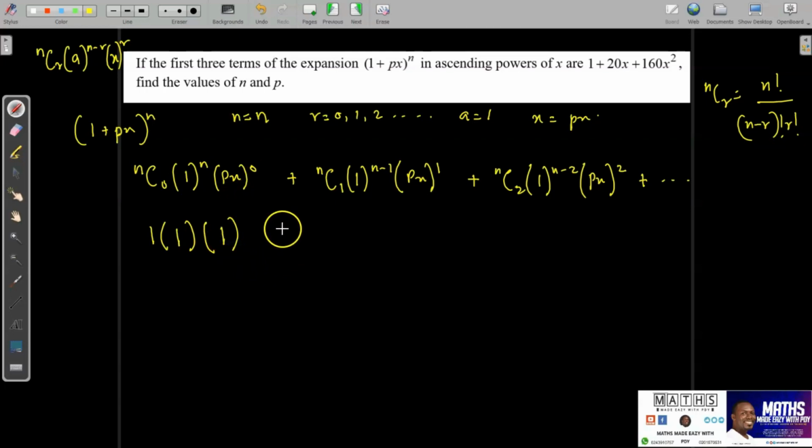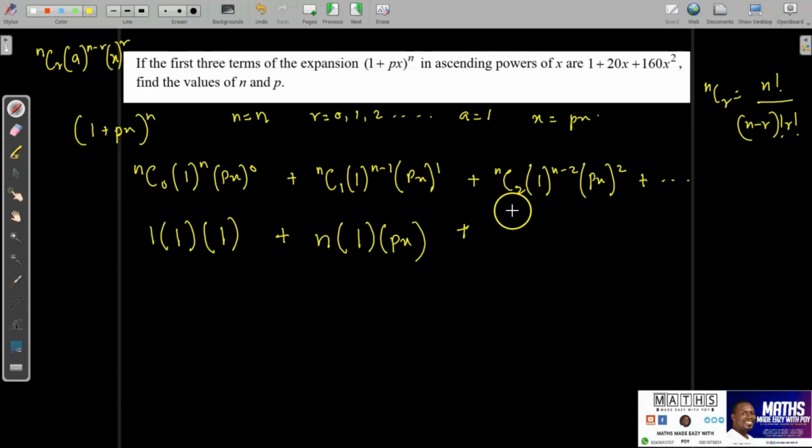Yes, sir. Beautiful. Now, we've seen that n combination 1 is what? What's the answer for n combination 1? N. Very good. Then 1 to the power n minus 1. What's the final answer for that? It is the same as 1. And then px raised to the power 1 is the same as px, right? Yes, sir. Then plus n combination 2 has been seen as what?